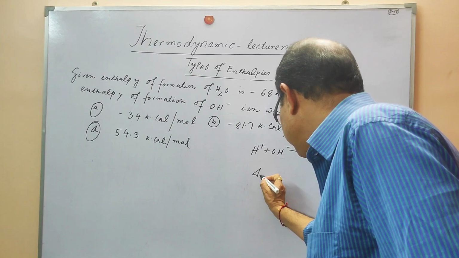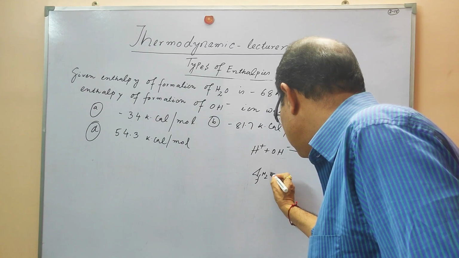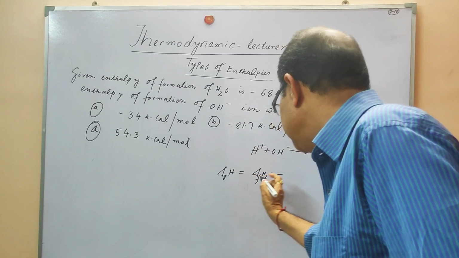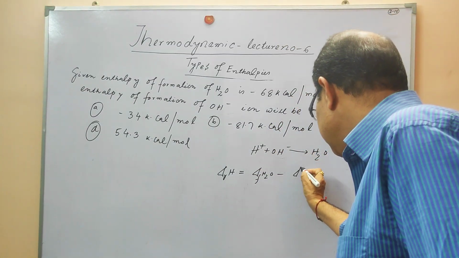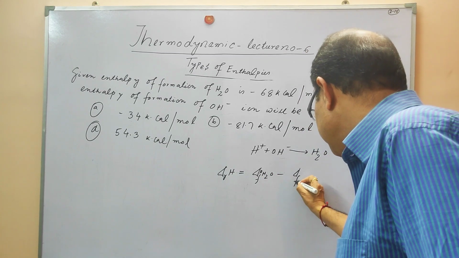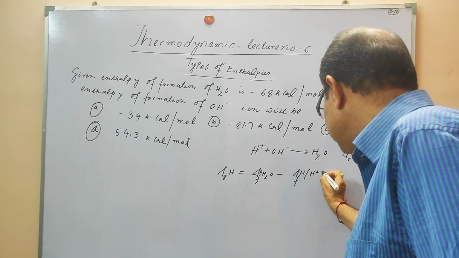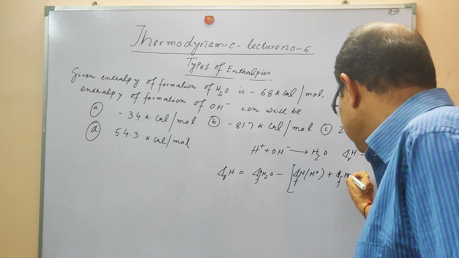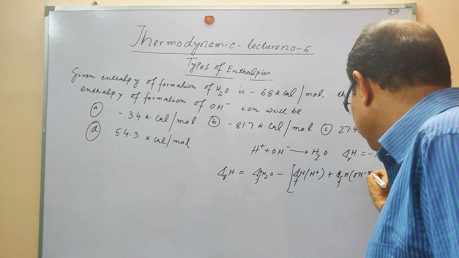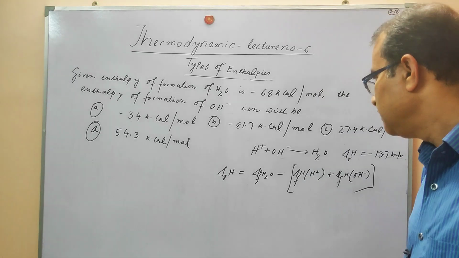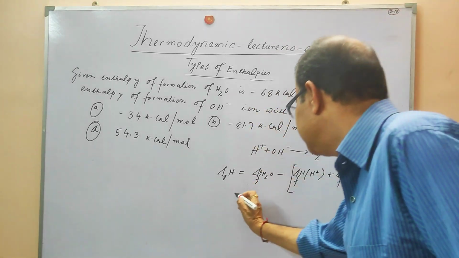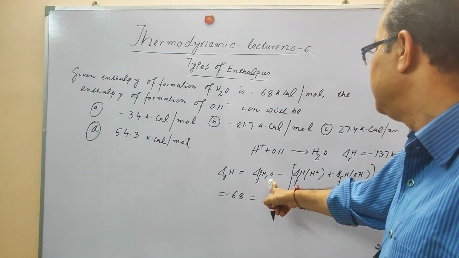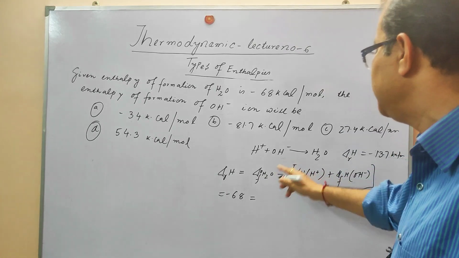We can write minus enthalpy of reaction is equal to enthalpy of formation of H2O minus enthalpy of formation of H plus ion and enthalpy of formation of OH minus ion. The enthalpy of formation of H2O is given as minus 68.